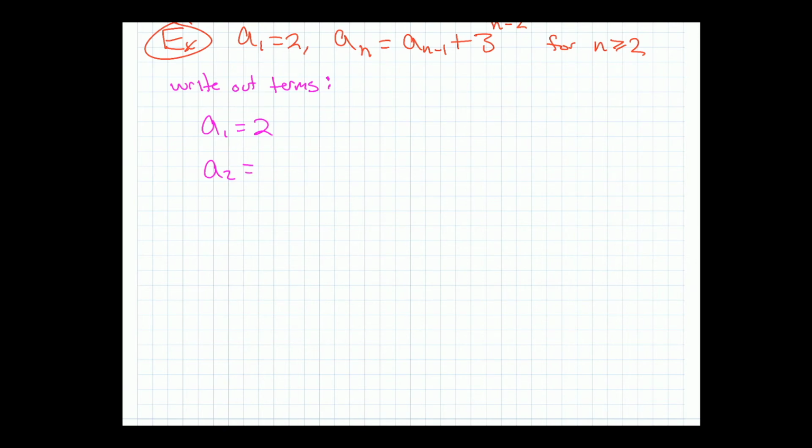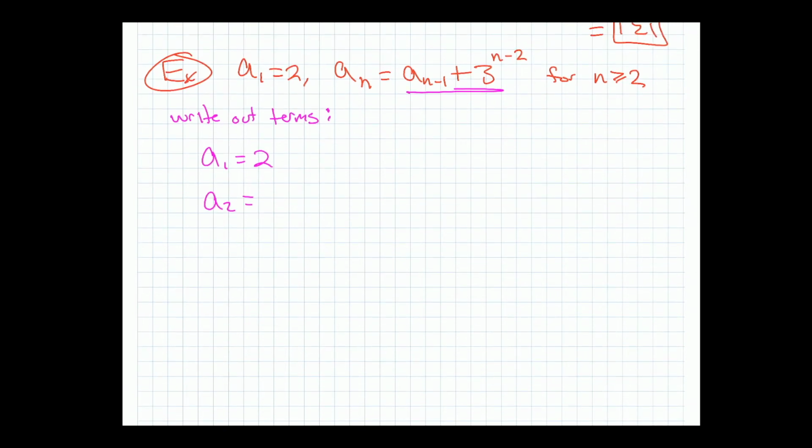A2 is going to be, according to the pattern here, the formula is the previous term plus 3 to the n minus 2. So n minus 2 is going to be 2 minus 2. So that is 2 plus 3 to the 0.